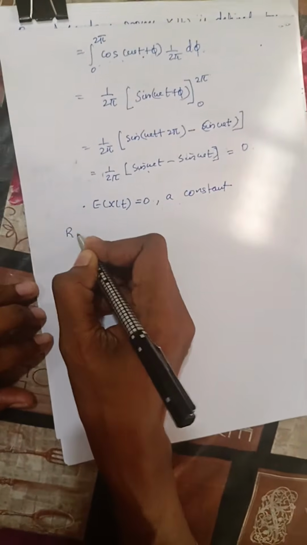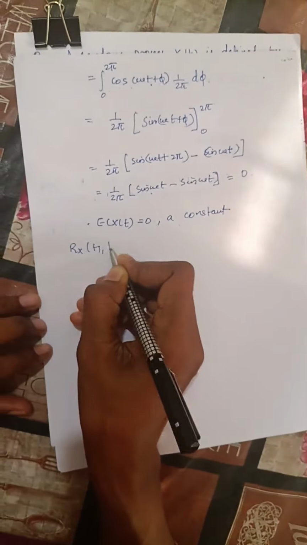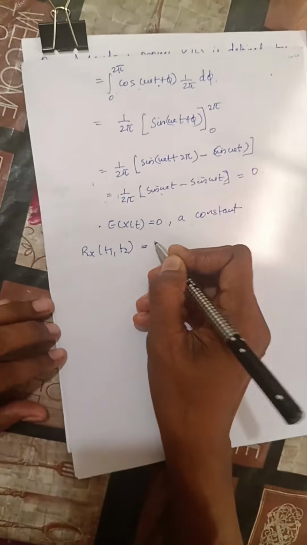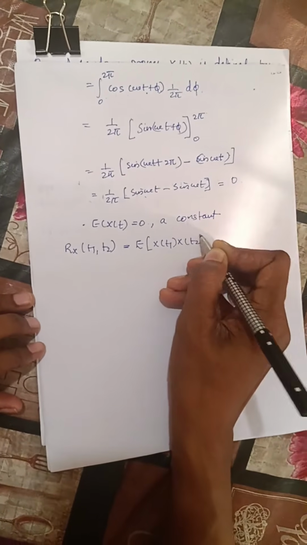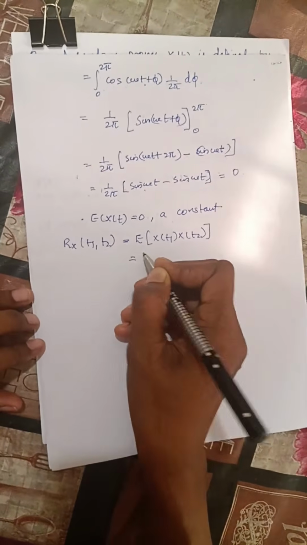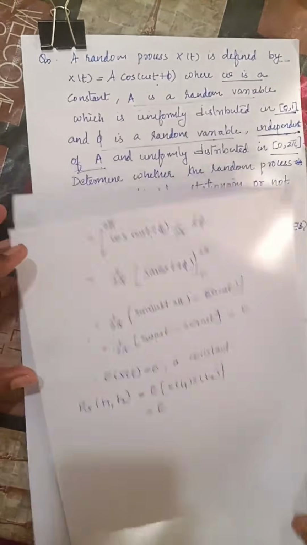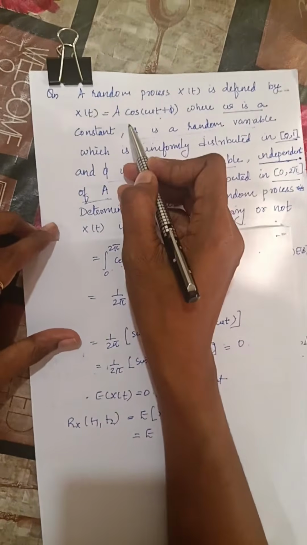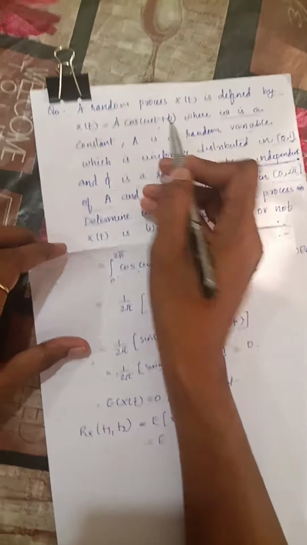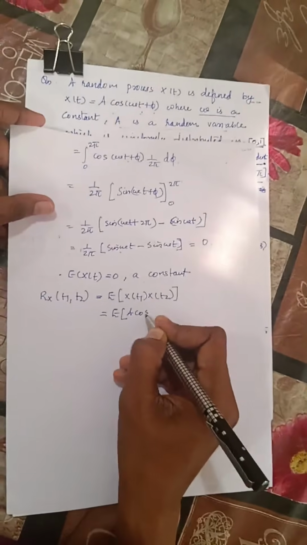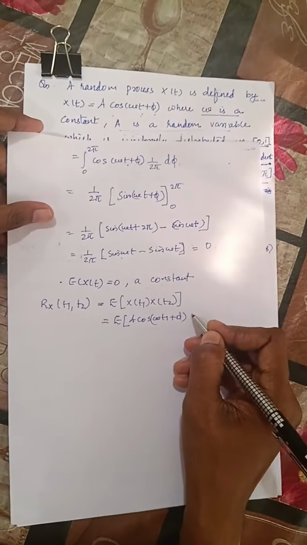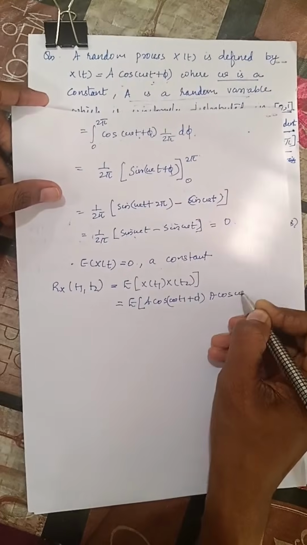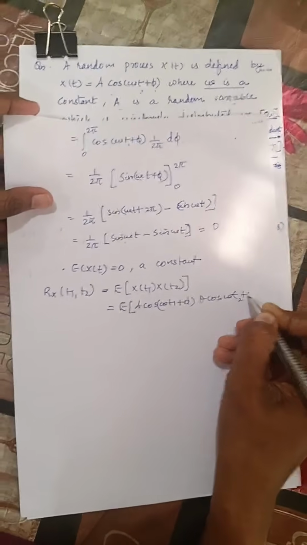So what is the autocorrelation function? Rx of t1, t2 is equal to expectation of x of t1 into x of t2. What is x of t1? x of t is a cos omega t plus phi. So this will be expectation of a cos omega t1 plus phi into a cos omega t2 plus phi.